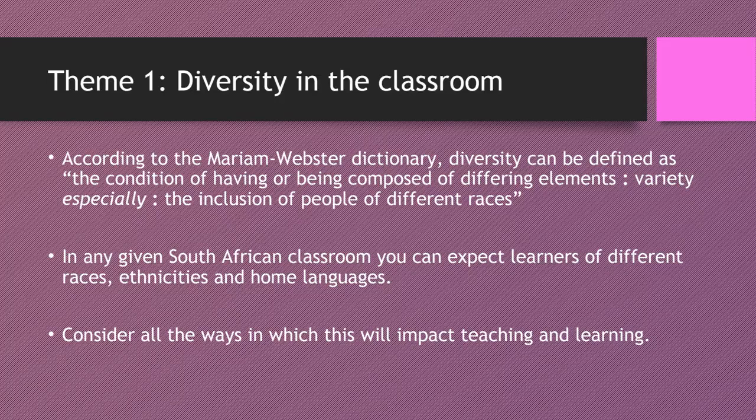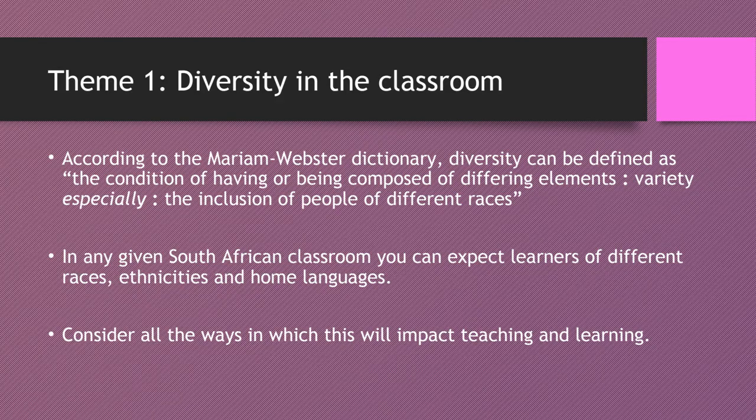Now, you are teaching English FET phase home language. But just because this is a home language course does not mean that your learners are going to be home language speakers. You are going to have a lot of learners who are going to be second language English speakers or even third or fourth language speakers.